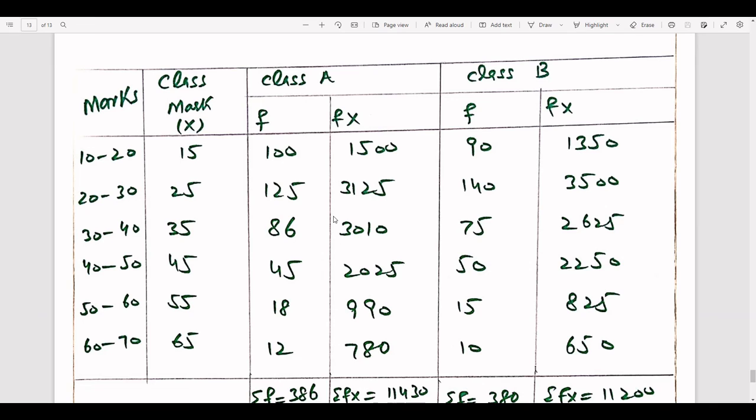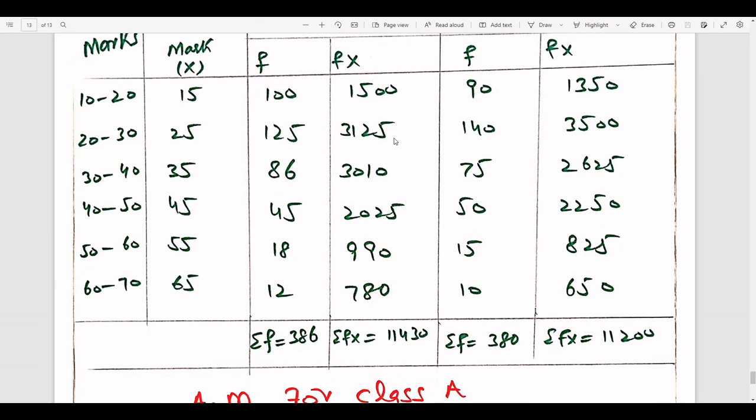As you know, we calculate the arithmetic mean for class A and the arithmetic mean for class B. So we need f of x. Multiply f with x: 100 multiplied by 15 is 1500. 125 multiplied by 25 is 3125. And so on, 65 multiplied by 12 is 780.